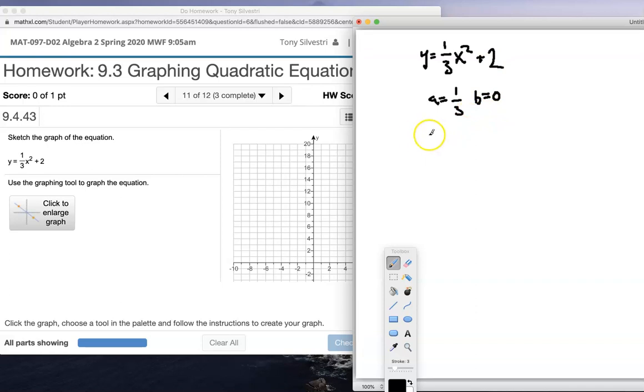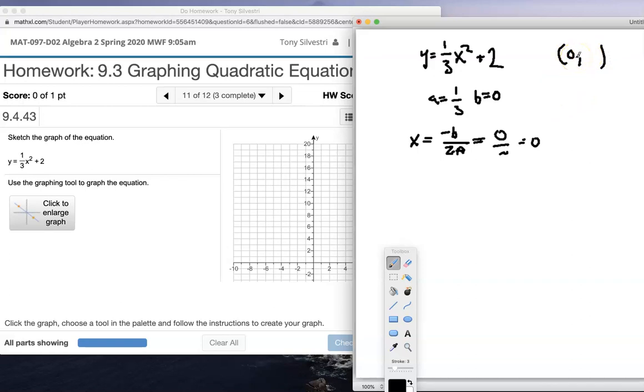So what I do is I write down my vertex equation: where does the vertex occur? -b over 2a. And this is a situation where b is 0, so the top is 0. 0 divided by anything is going to be 0. So I have half the point done, 0 comma something.